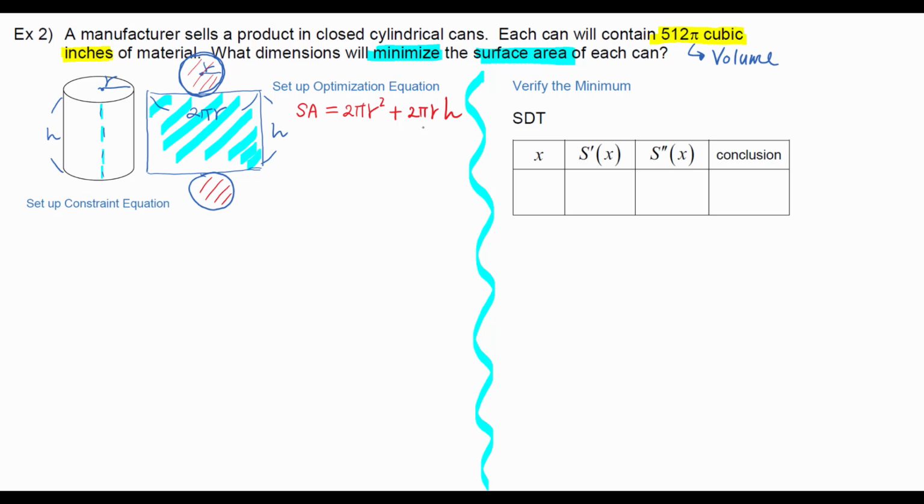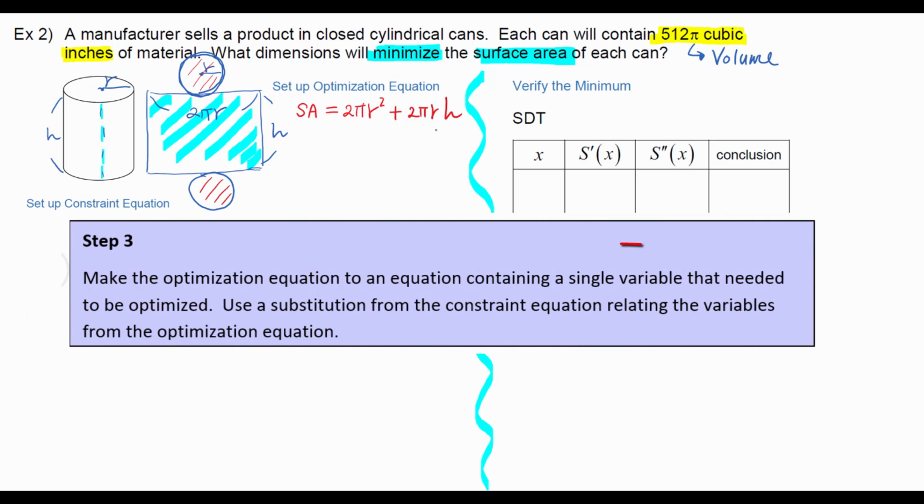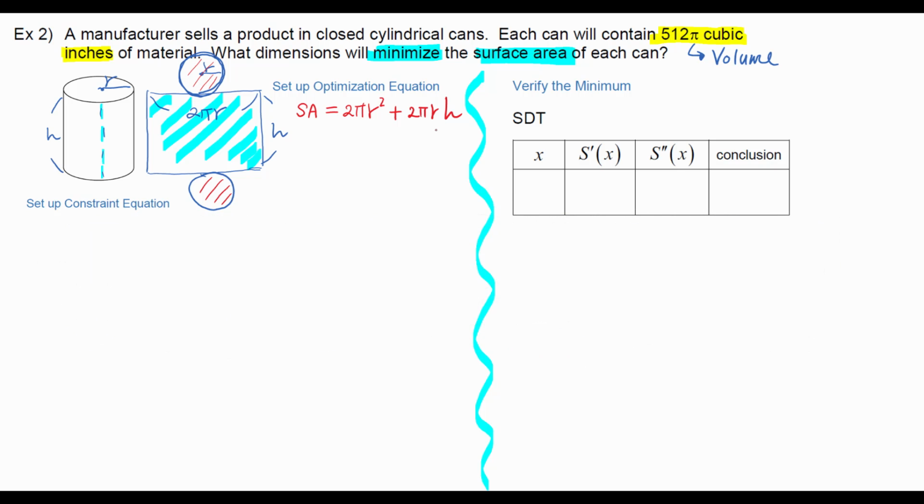So I need step 3, make the optimization equation into an equation containing a single variable to be optimized. So now find the relationship between r and h, and then solve it for h and plug it in, rather than solving for r, since if you do, you have to square it afterwards and it might get more complicated.